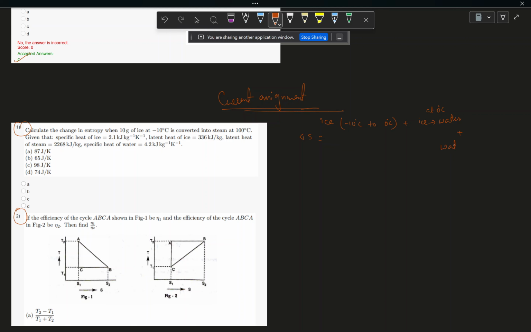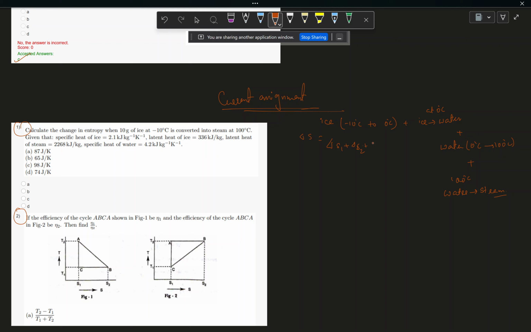Then changing your water temperature from 0 degree centigrade to 100 degree centigrade in the same phase. But then ultimately keeping the temperature constant at 100 and going from water to steam. So delta S is a summation of all four parts.